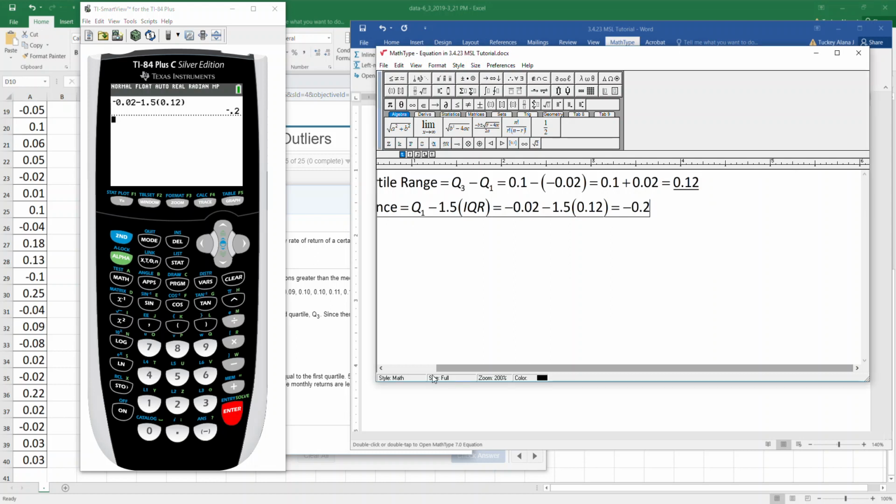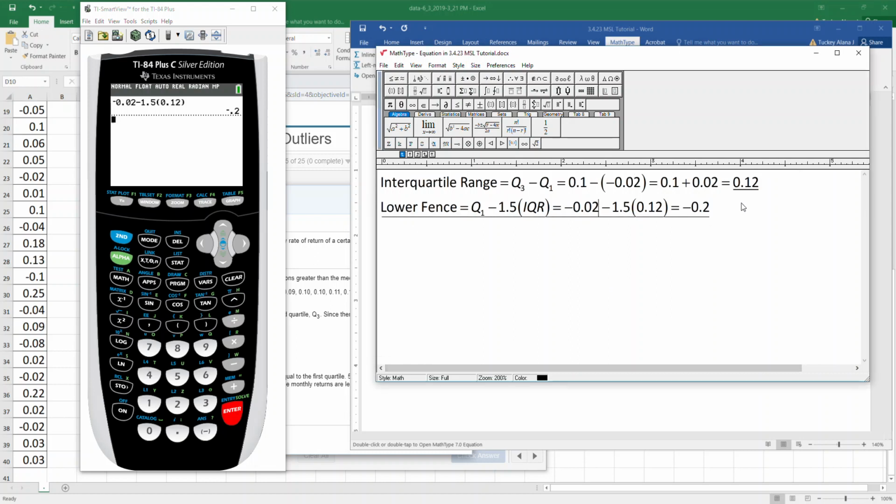Make this a little wider here. All right, so then the upper fence is Q3 plus 1.5 IQR. So that would be 0.1 plus 1.5 times 0.12.